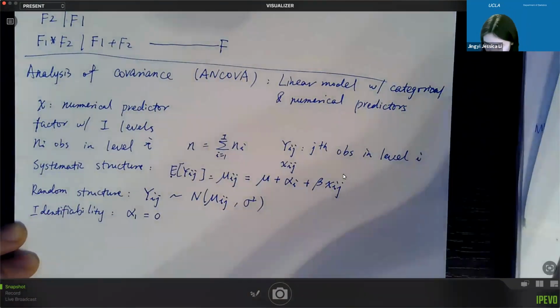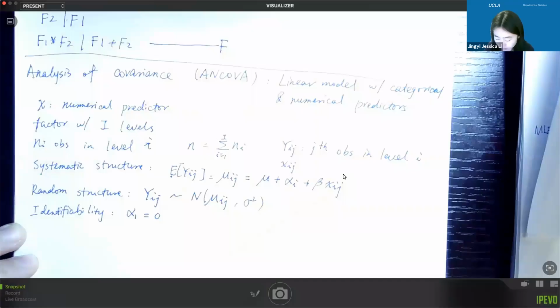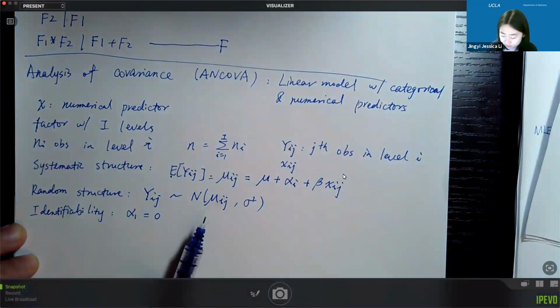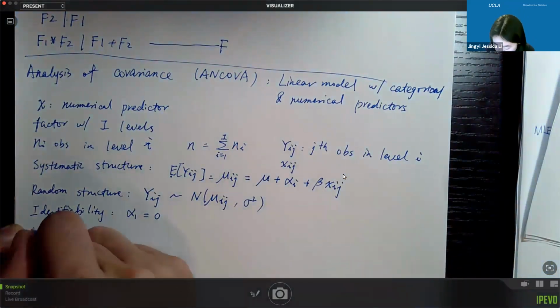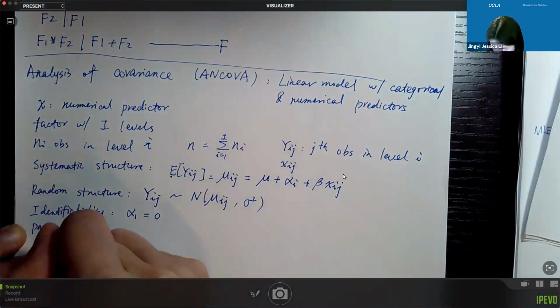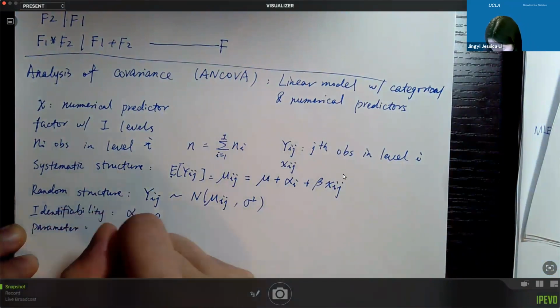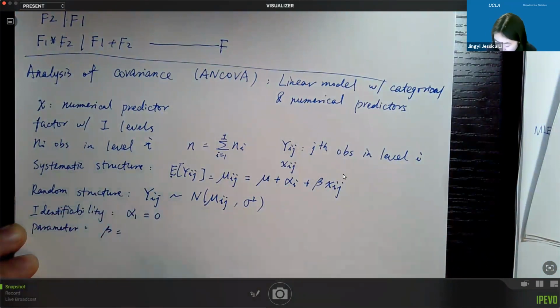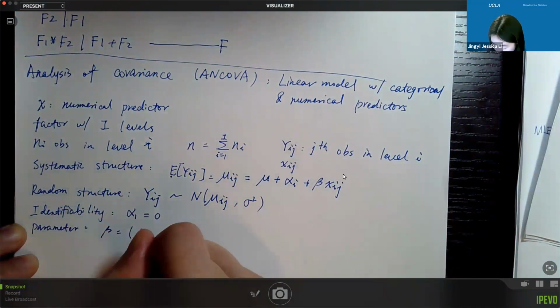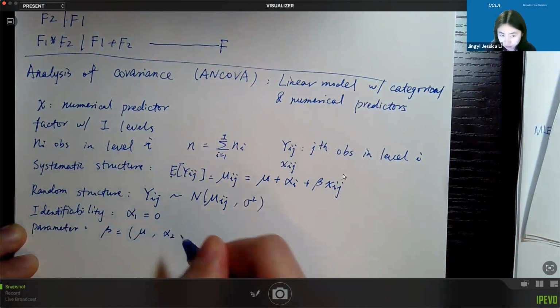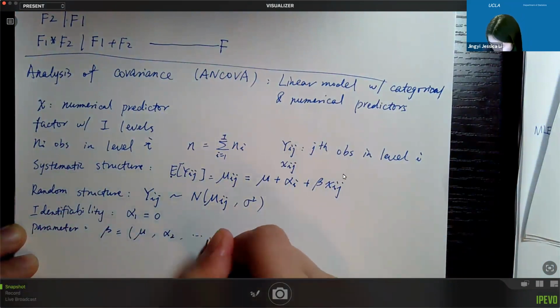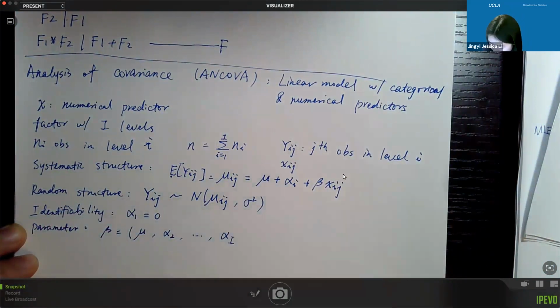So it means that we are left with I minus 1 offsets, right? So our beta parameter will be specified as the common intercept mu, offset of level 2 to offset of level I, and then the slope for the numerical vector.